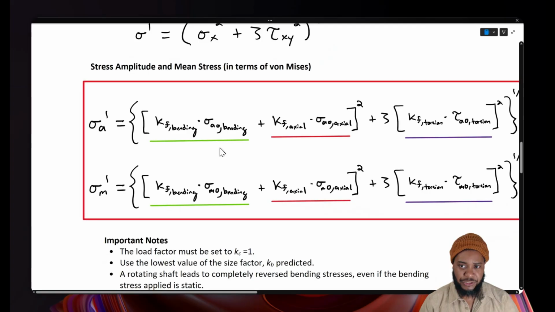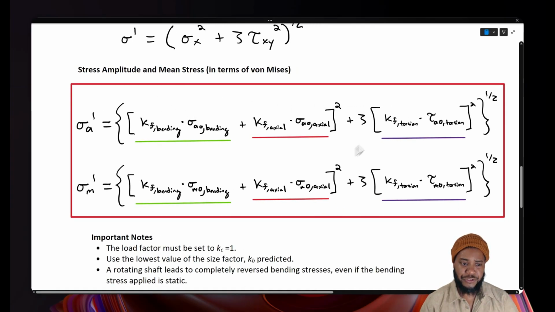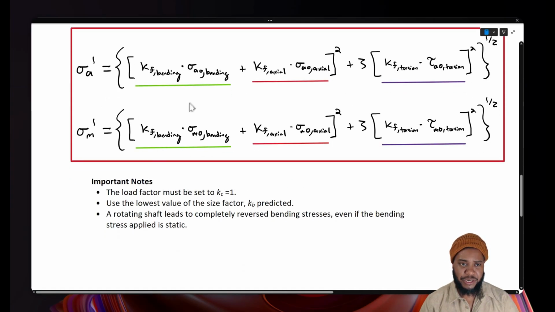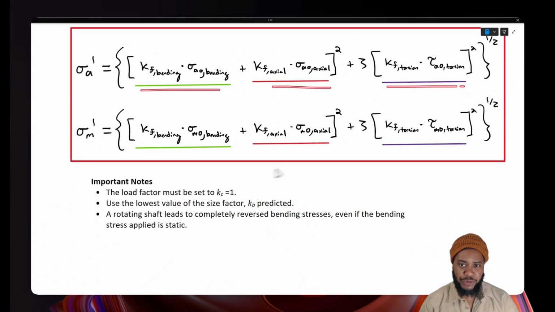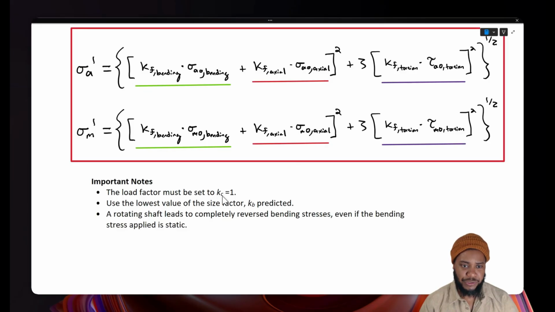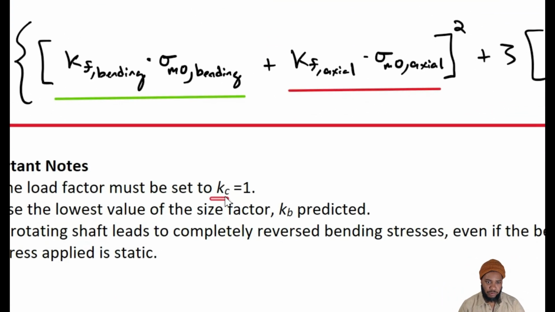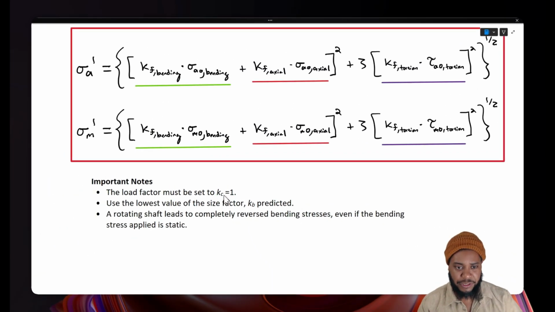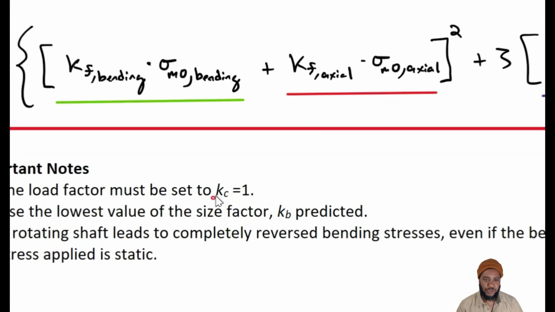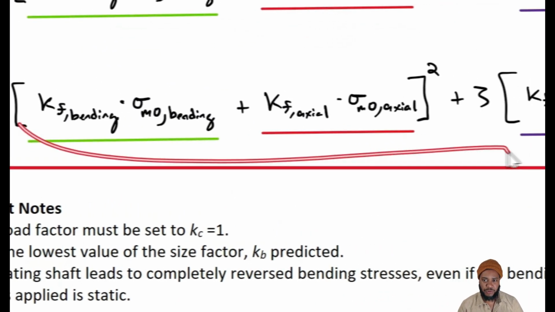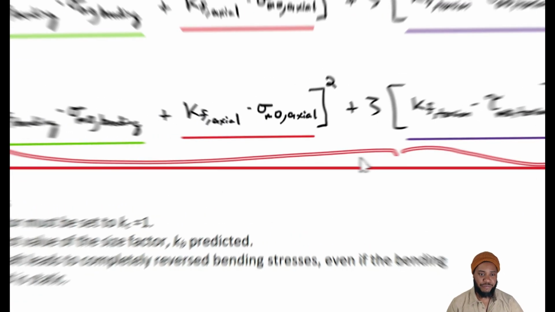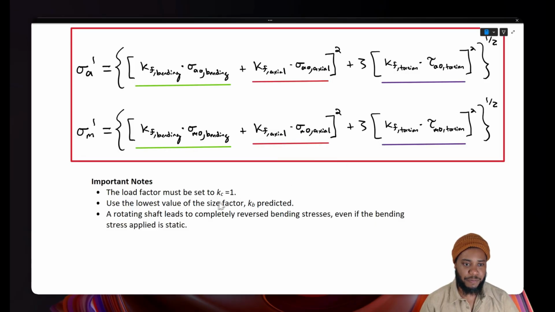Now, a couple things to consider in these equations is that because we are combining multiple types of loading, when we go and find our endurance limit, we should set the load factor equal to 1. We should not try to apply load factors for each one of these scenarios. We're just going to assume an initial load value of 1 and assume that the von Mises equation itself is correcting for the differences in the different loads.